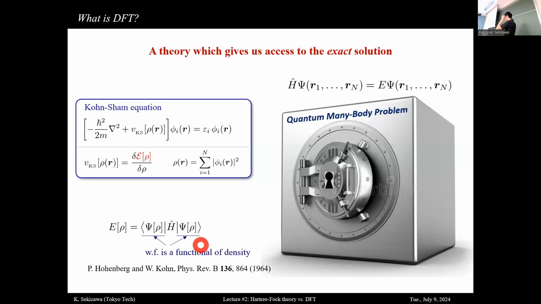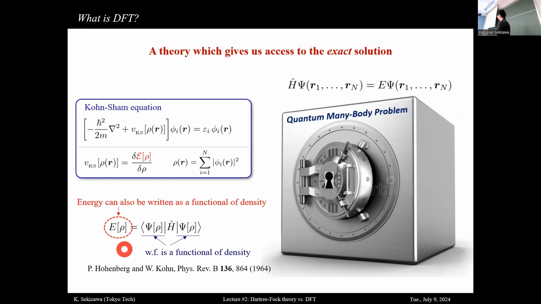And if you agree with this, then any observable, which is given as an expectation value of any operator, can be expressed as a function of the one-body density. So for instance, the energy expectation value, which is the sandwich of the many-body Hamiltonian, is also given as a function of the one-body density.